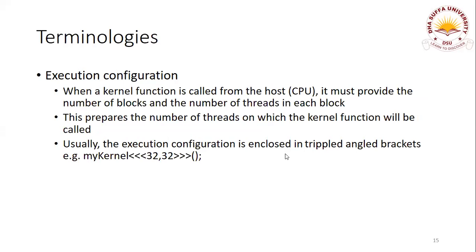Moving on, we have another thing called execution configuration. If you just skip these angle brackets for a moment and look at just my kernel and the brackets, it is similar to a normal function call which we have been doing in C language, right? When you call a normal function in C or C++, we just write the function name, then open bracket, close bracket, and if there are parameters, they are given within the brackets.